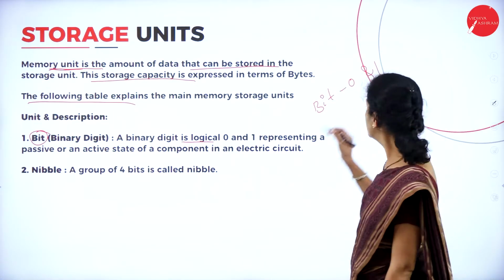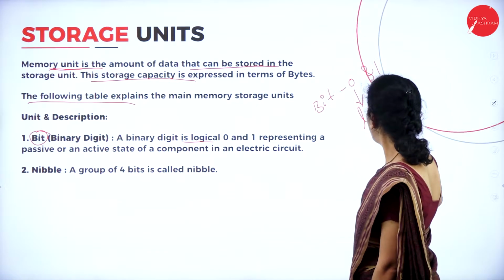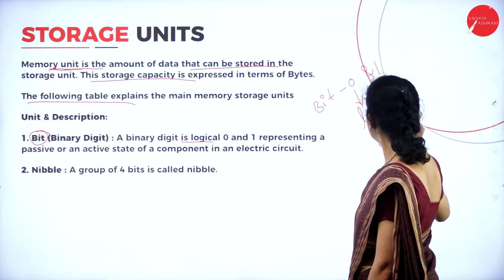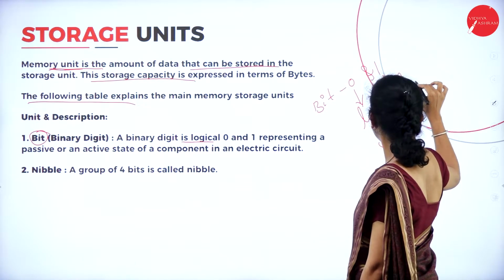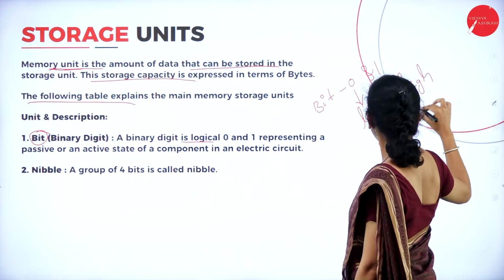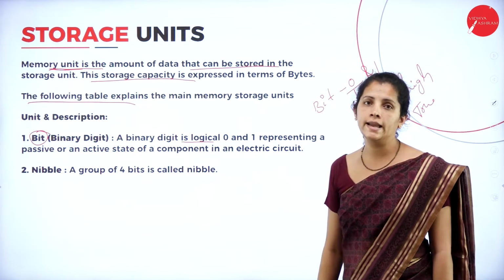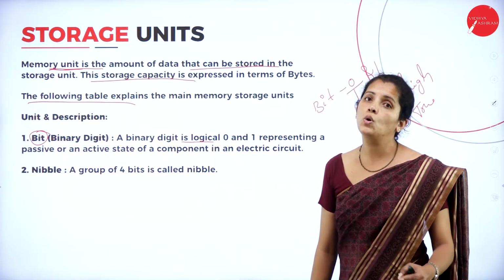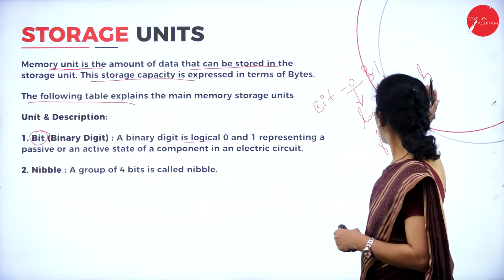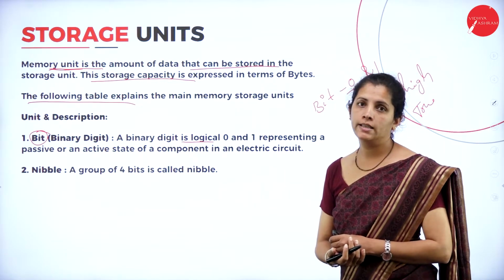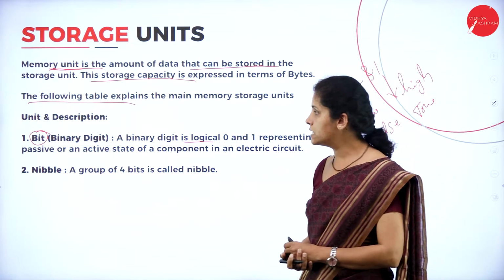And listen here, 0 is always low or false, and 1 is nothing but high or true. So here 0 is used to indicate low signal or low voltage, and 1 is used to indicate high signal or true signal. That means 1 is used to indicate high voltage or high signal.